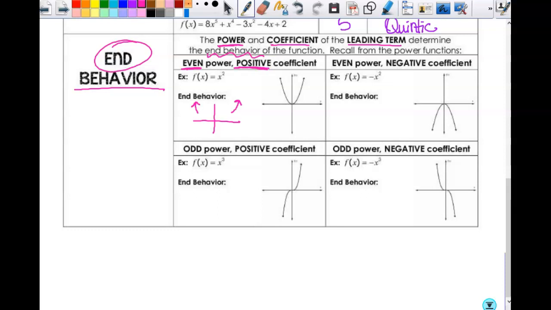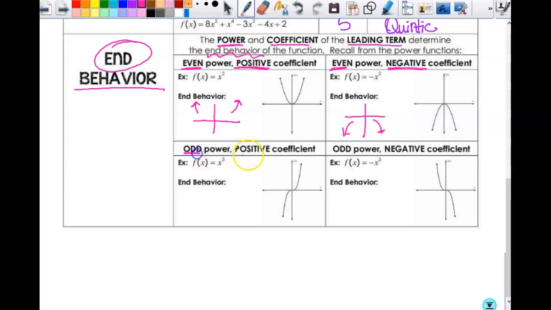Okay, I'm back. So if we have an even power, negative coefficient, it's not necessarily going to look like a parabola. But at the end behavior, because it could be some long polynomial, as long as the leading coefficient is negative and the degree is even, then it's going to be down, down. Or as x approaches infinity, f of x approaches negative infinity, same kind of thing there.